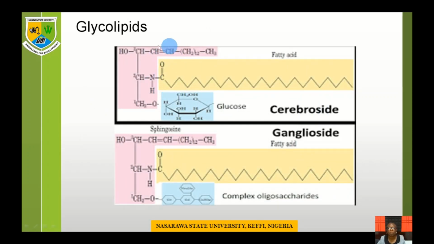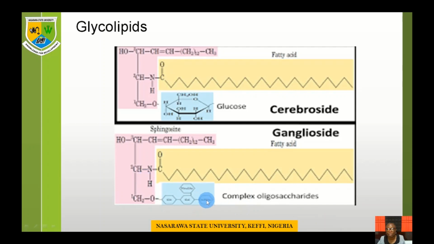So another example is the cerebroside. This is the glucose molecule attached at the carbon at this junction. Then you have the fatty acid, and these are the sphingosine molecules. The ganglioside has a complex oligosaccharide.